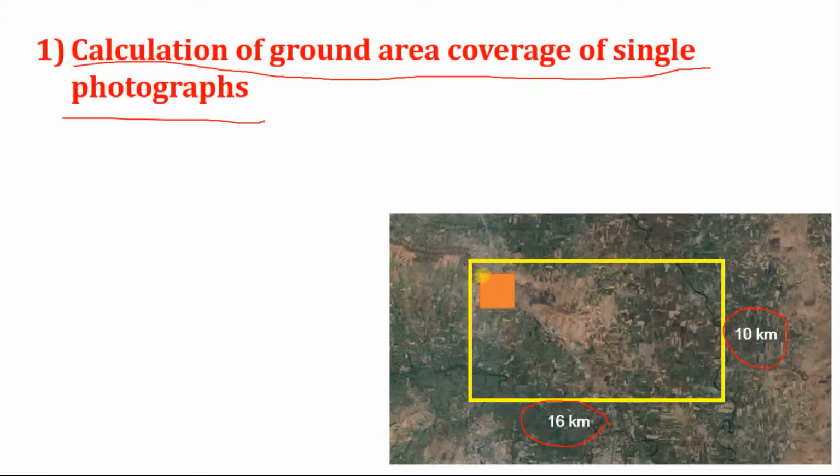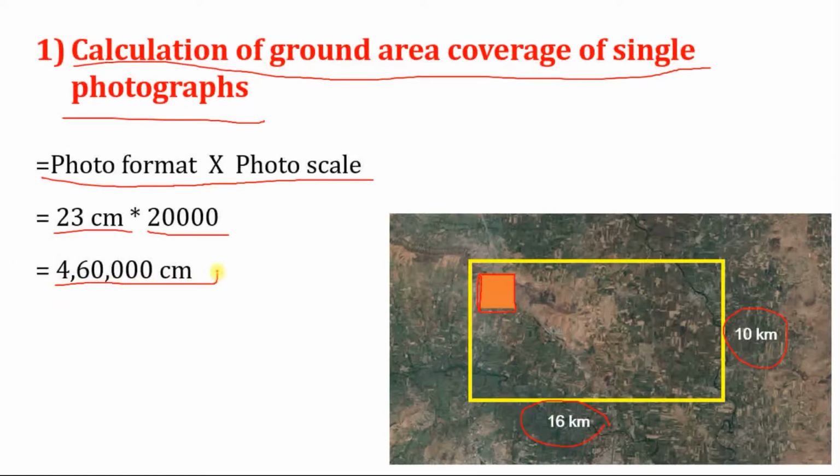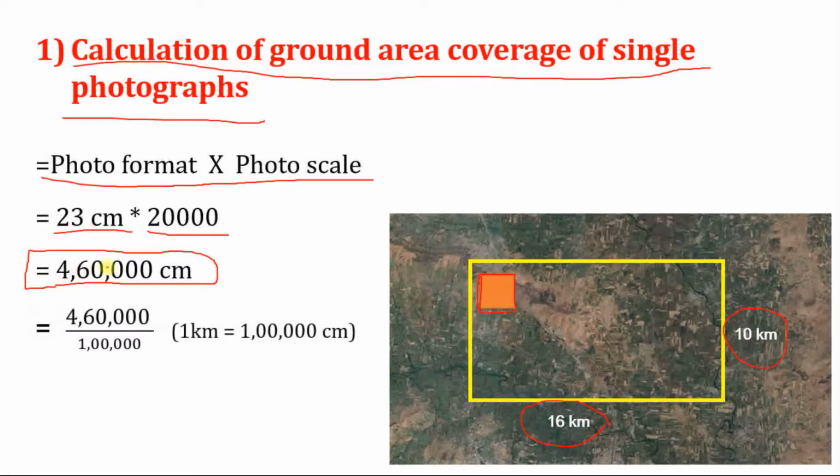Now we calculate how much area is covered by a single photograph. The formula is photo format into photo scale. Our photo format is 23 cm and photo scale is 20,000. 23 into 20,000 is equal to 4,60,000 centimeters. This is the ground area coverage by a single photograph.